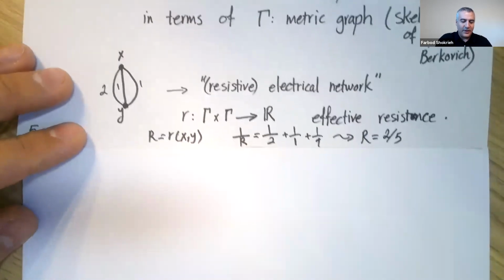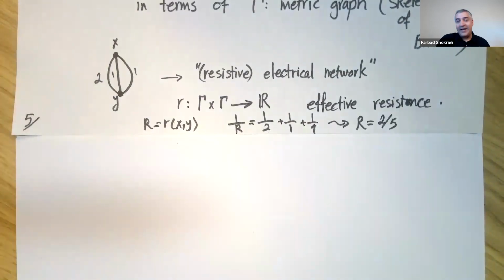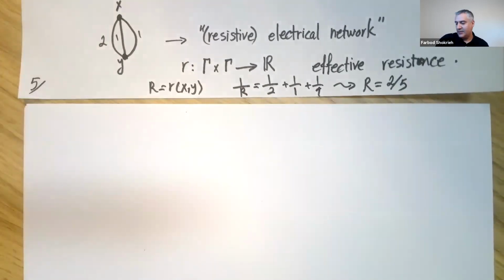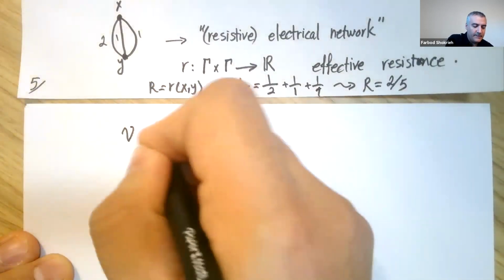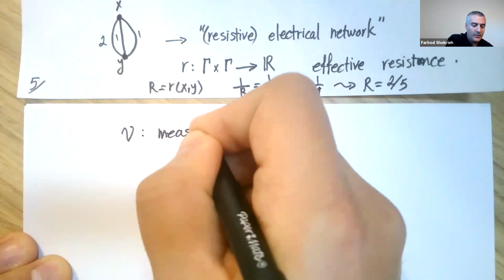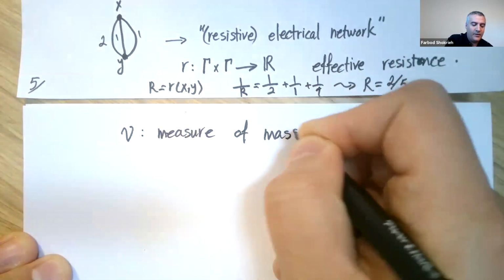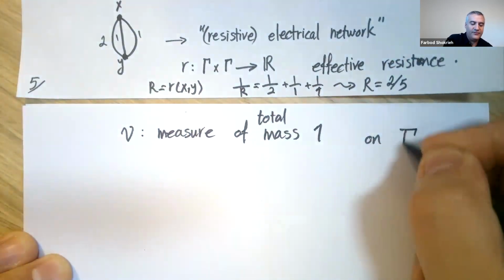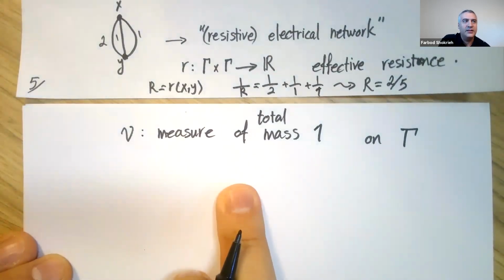I promise I'm going to go back to heights. So here's a fact proved by some prominent arithmetic geometers. For a measure of mass 1, so total mass 1, on a metric graph, and notice I'm not saying probability measure because I'm not assuming this measure is positive.